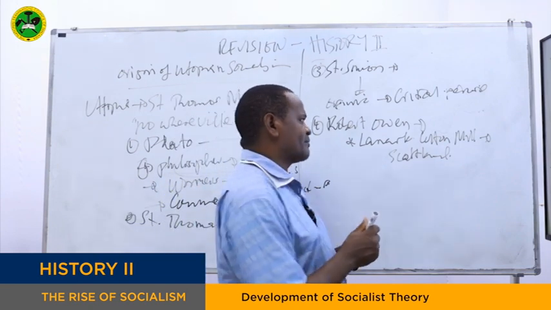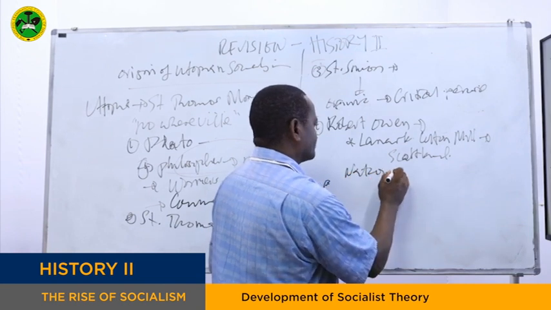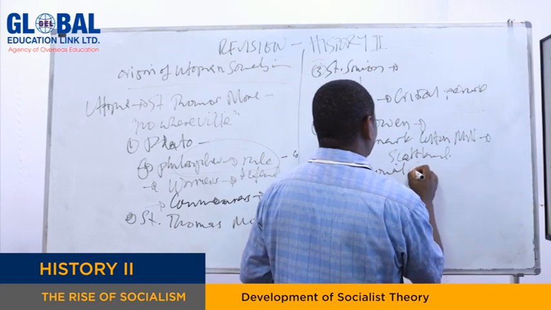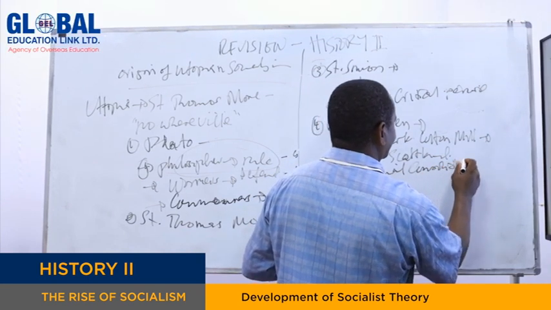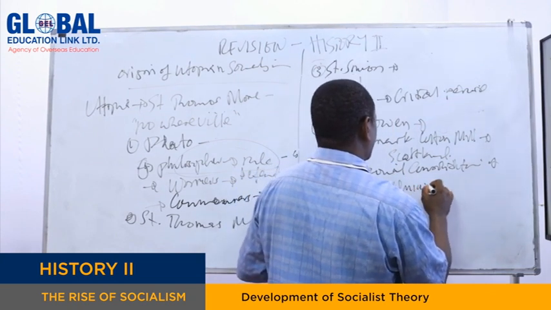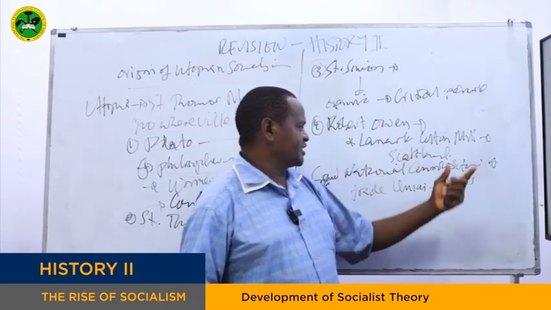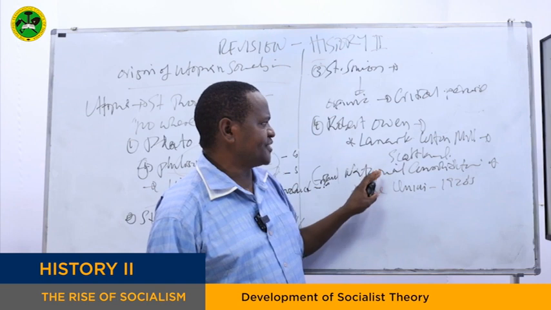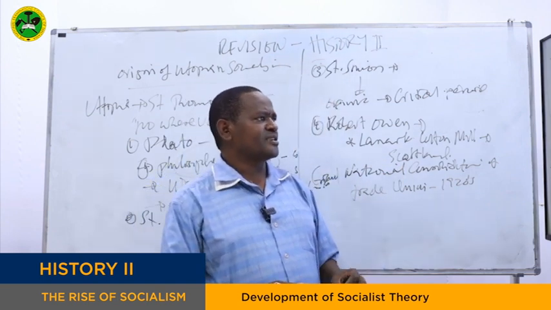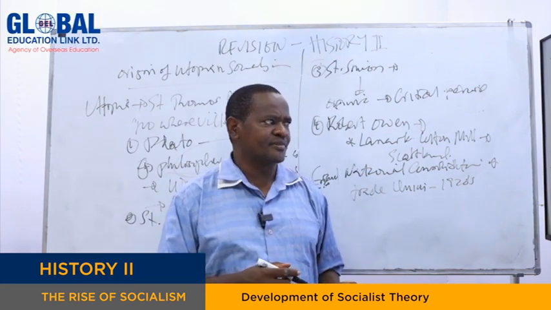Robert Owen also established a trade union called the Grand National Consolidated Trade Union, in the 1830s. So you can see he was really dedicated to helping the workers in Britain, and so he became one of the pioneers of utopian socialism in the world.